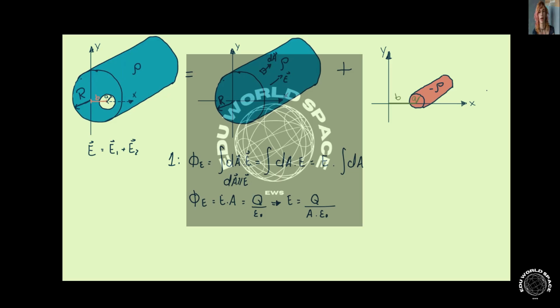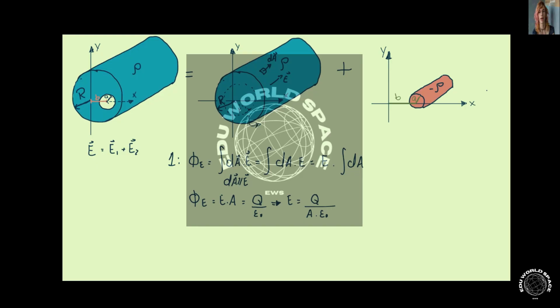For the Gaussian surface, we have to choose something like this. A cylinder of radius small r, just like that. And that radius small r is such that it falls inside this region. As you can see, the Gaussian in this situation is also a cylinder, and the area of a cylinder is very simple to calculate.